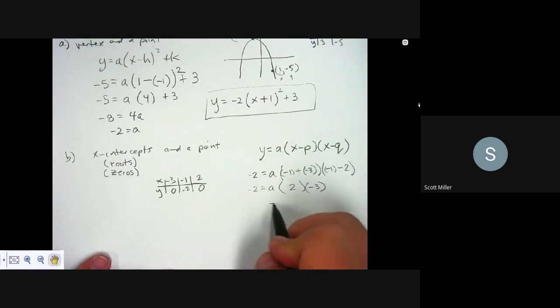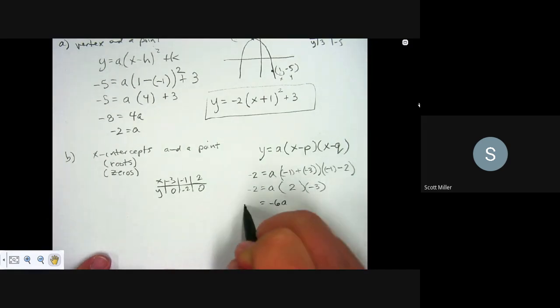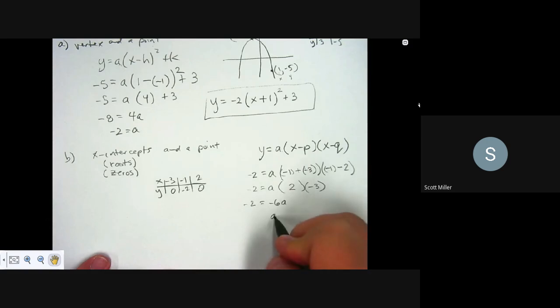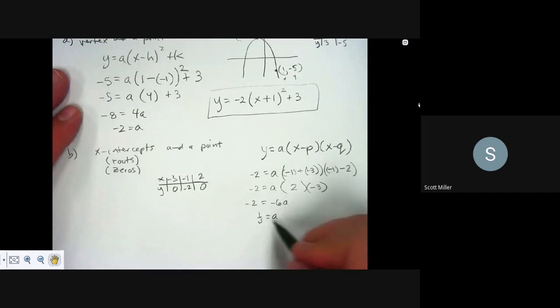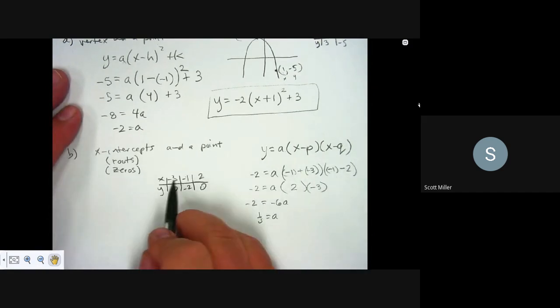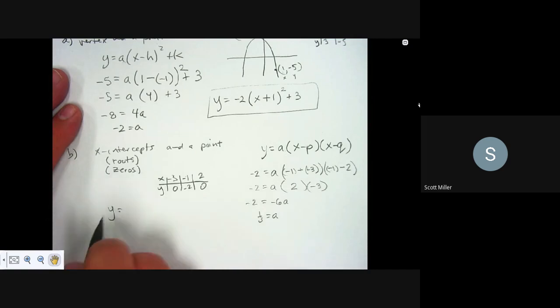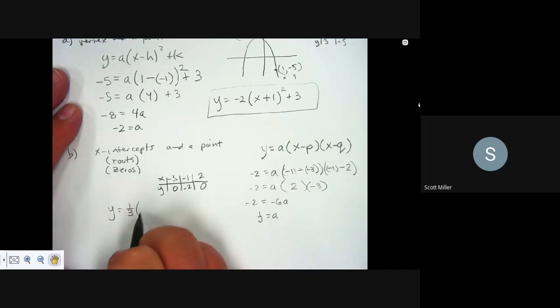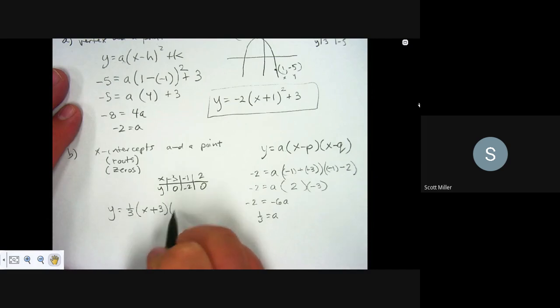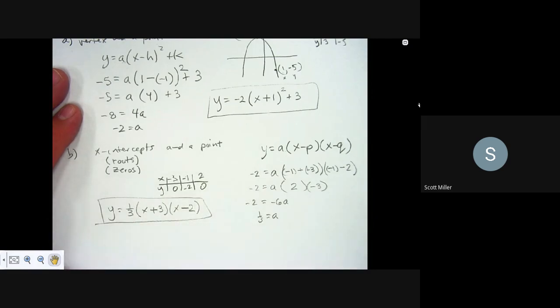So that's negative 6a equals negative 2, divided by negative 6, and so a is going to be 1/3. So that means I can now take this number for a, these numbers for p and q, plug them into that formula, and I get 1/3 times (x minus negative 3) times (x minus 2). And there you go.